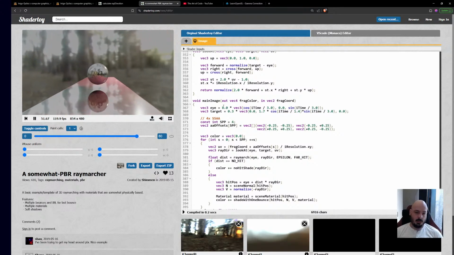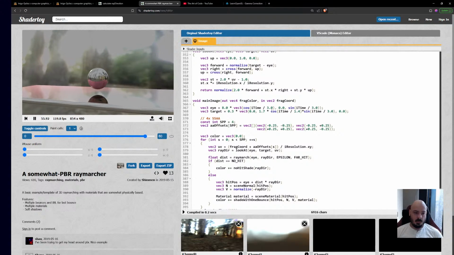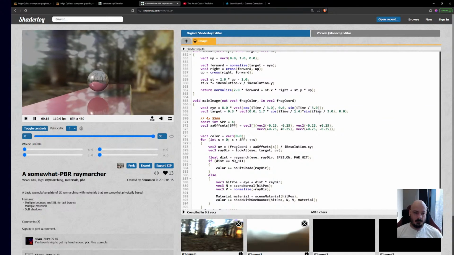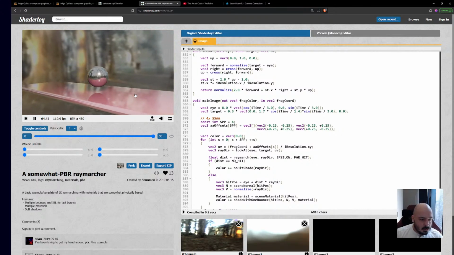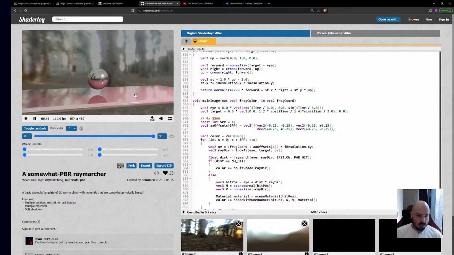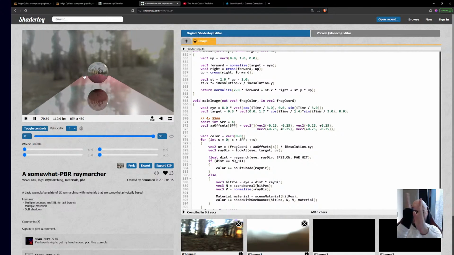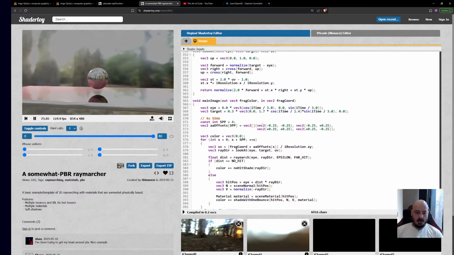Oh, I get it. Okay, so that's weird. Yeah. Right, it's not fully locked when it goes around. It's a little bit off because of this. Okay.